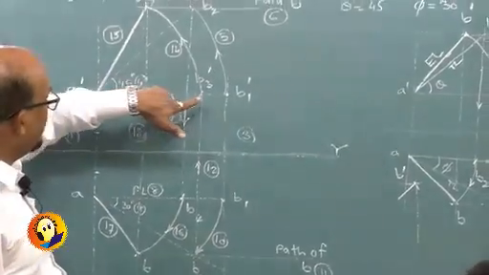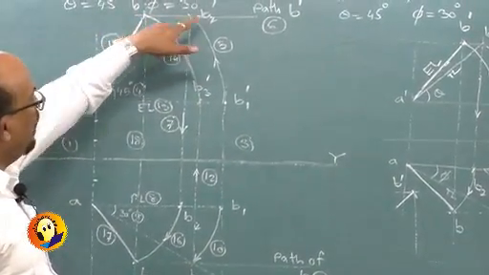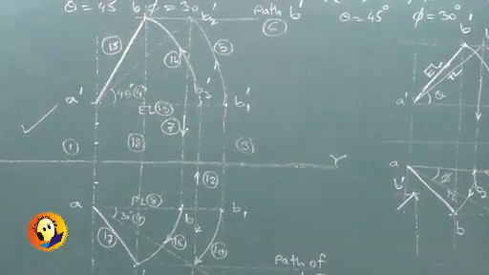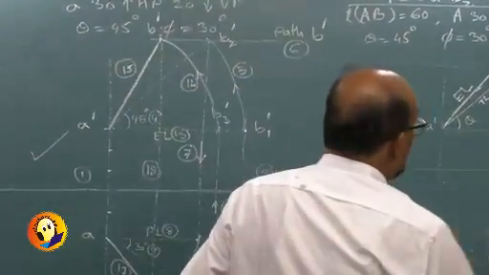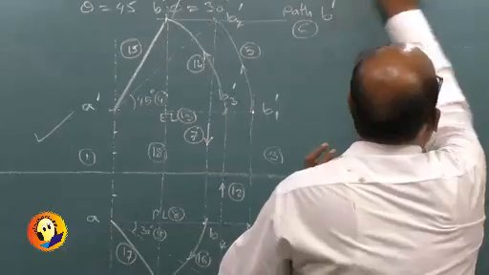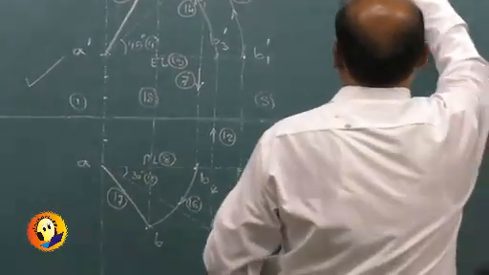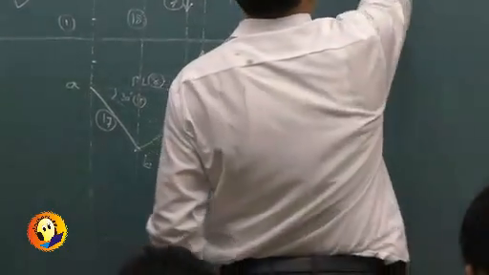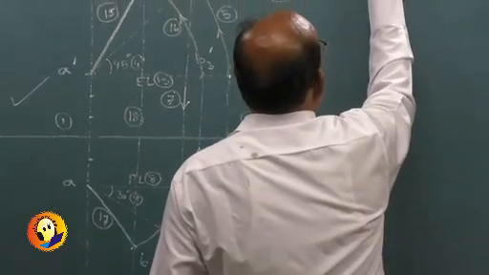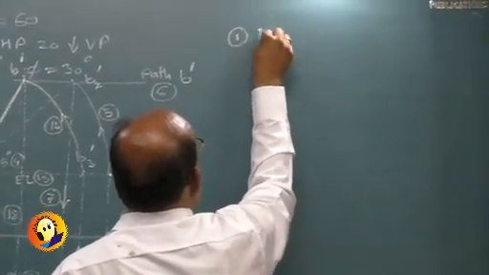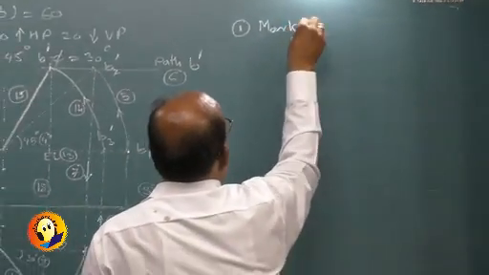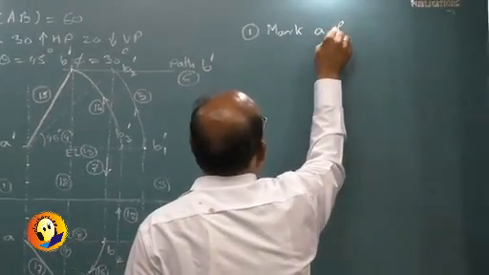From A B3 dash to path of B dash. Path of B dash, yes. So for you I will even mark what I am doing. It is step 1. Mark A and A dash.